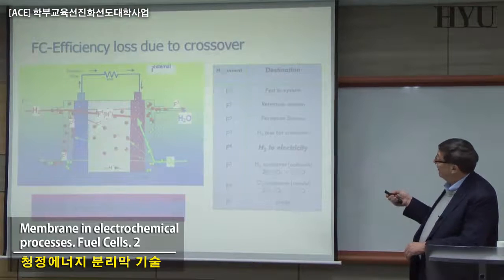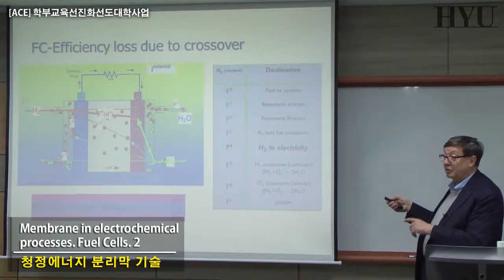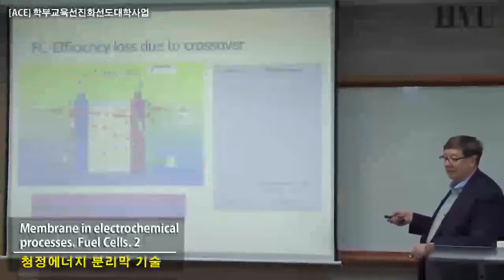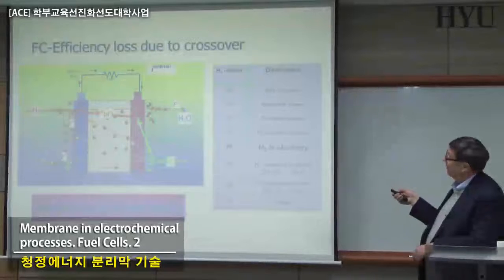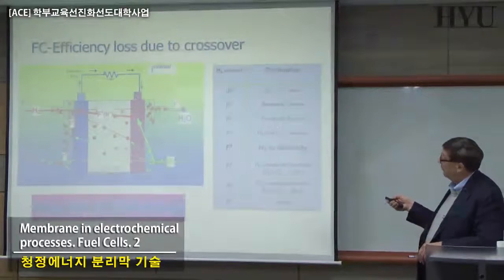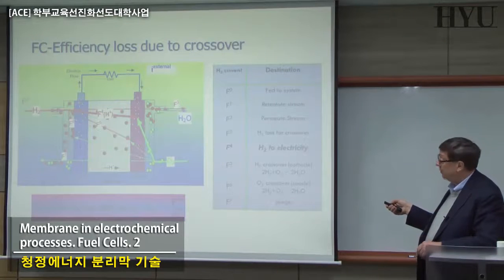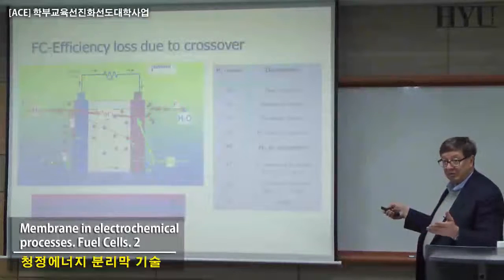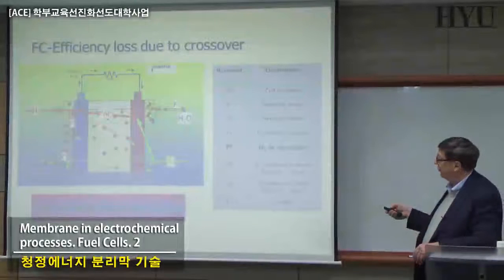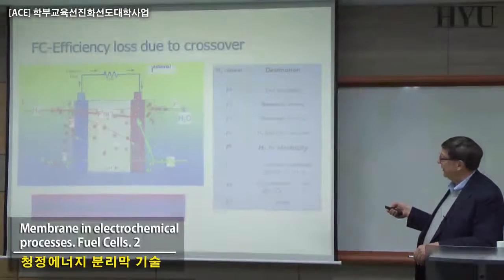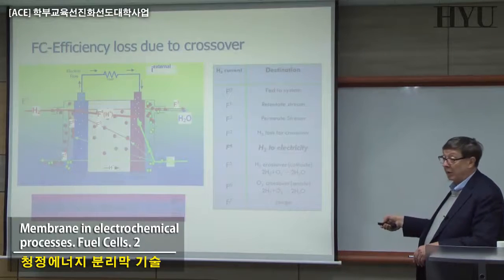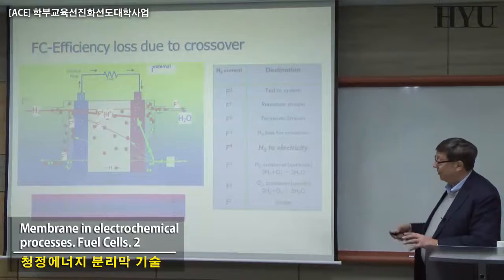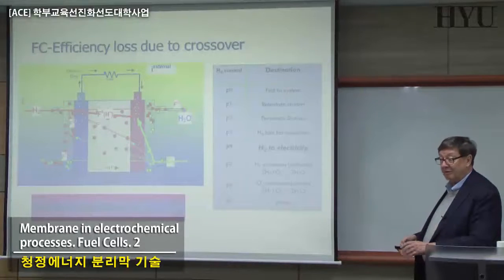You see here that we have a list of hydrogen currents that can take place in your system: the flux where you are feeding the system, and after that the retention stream, the permeate stream, the hydrogen crossover, the hydrogen giving just the electricity, the one having the conversion, the crossover at the cathode, the crossover at the anode, and the purge gas. So there are 7 different fluxes that you have to consider.